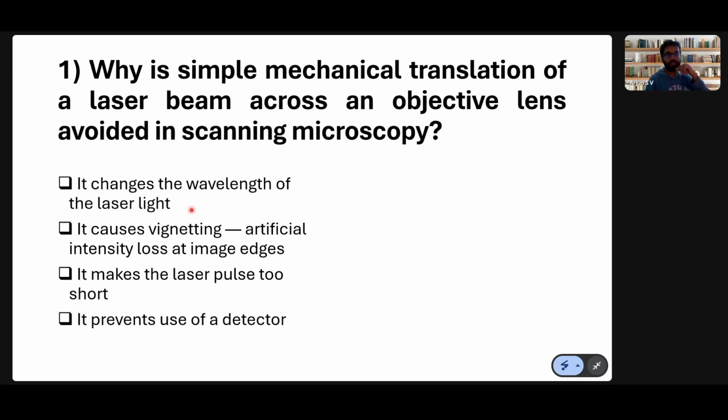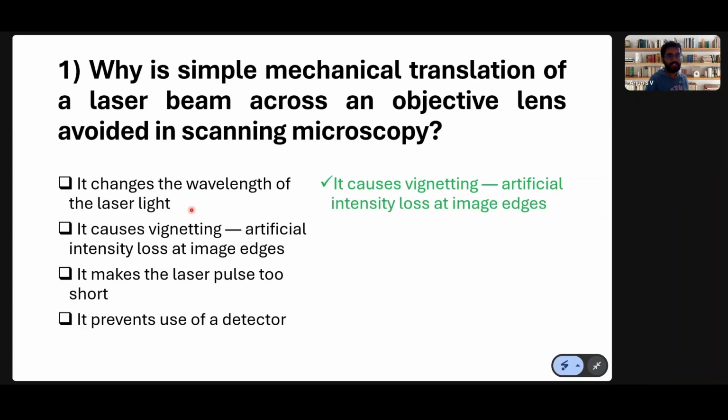We saw the intensity profile in the previous lectures, right? As a result, at the corners we will not get sufficient intensity. This process is called vignetting. So the correct answer is it causes vignetting, artificial intensity loss at image edges.